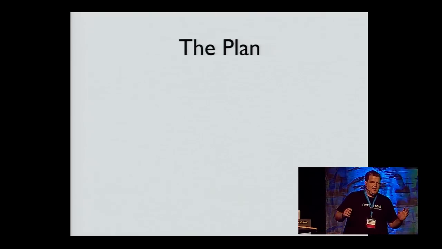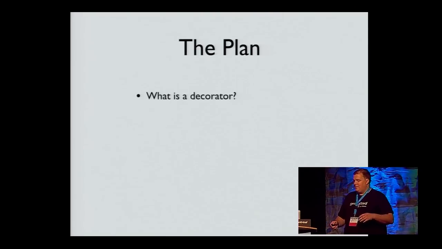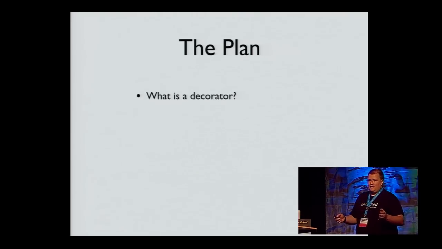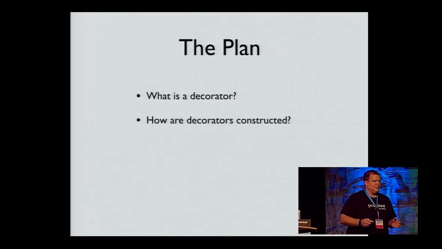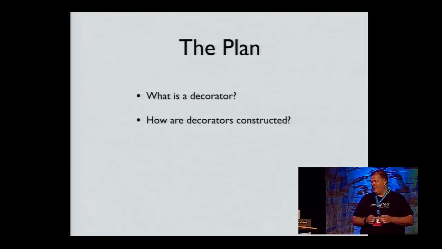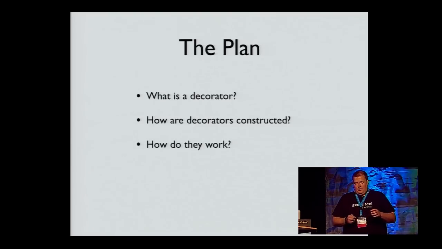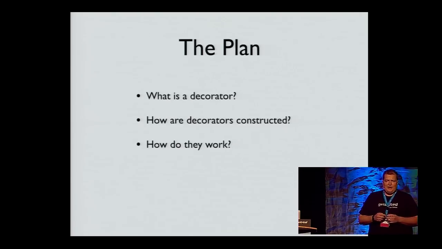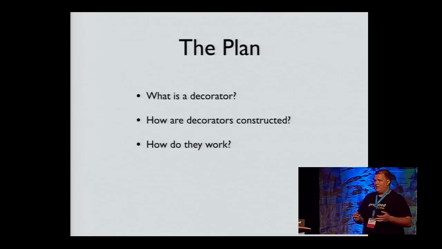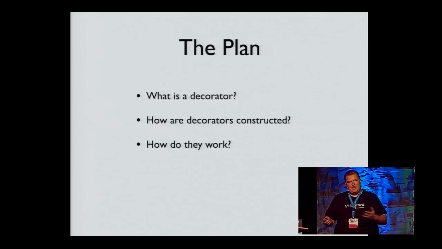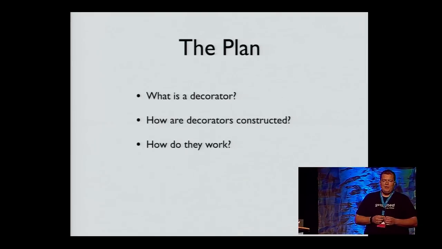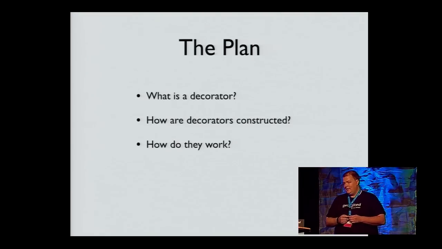All right, so the plan for this talk: we're going to start out with defining what a decorator is. We're going to construct our first decorator, and then we're going to explore how they work a little bit. I like to do this because if we're going to be using something in our code, we should know at least at a high level how it works, because otherwise, if we're just copy-pasting code from examples we find on the web, we generally are going to run into problems that we otherwise wouldn't.